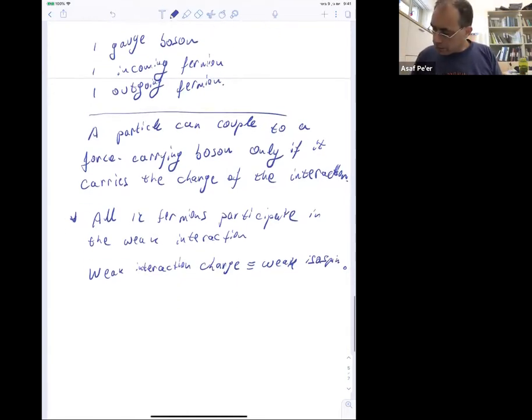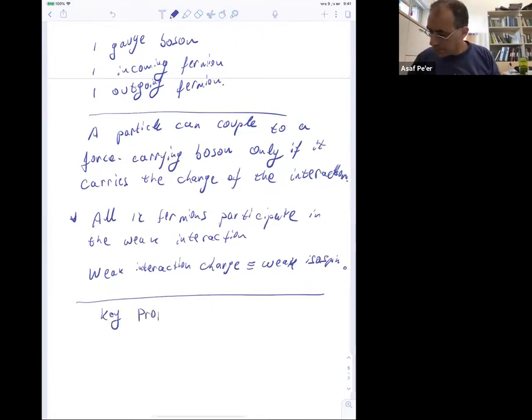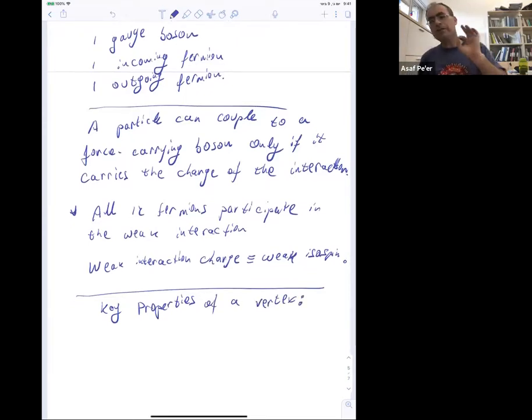So, some key properties of a vertex. The most important is that the vertex is the position where a particle is created or destroyed. Again, this does not exist in the framework of classical mechanics or E&M, but in quantum field theory, it exists.